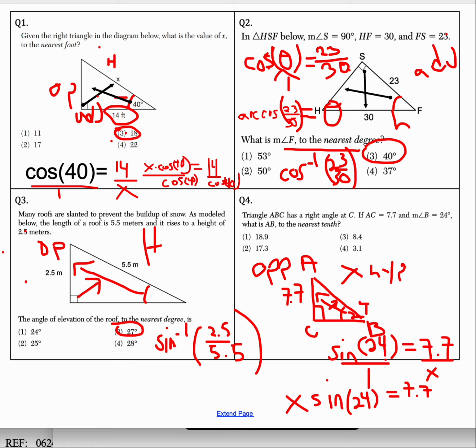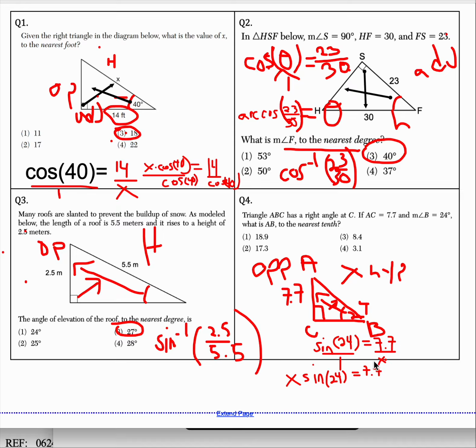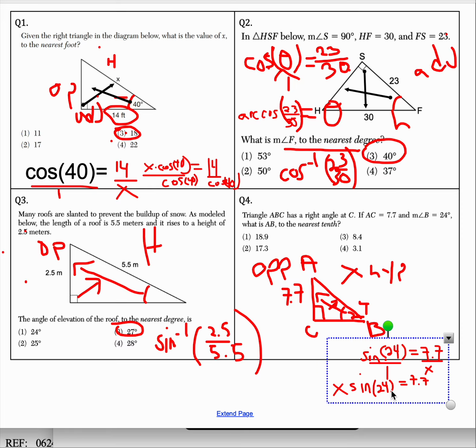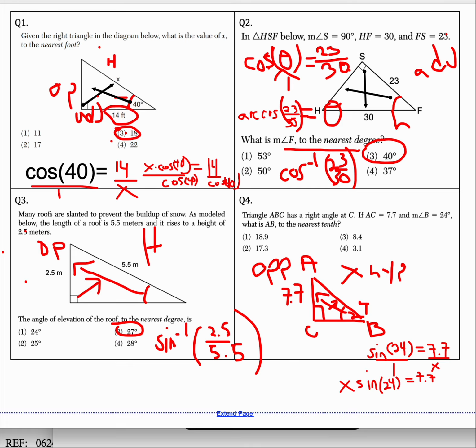Now I'm going to make this smaller and move it here. Okay, now I'm going to solve for x by dividing out sine 24 on both sides.